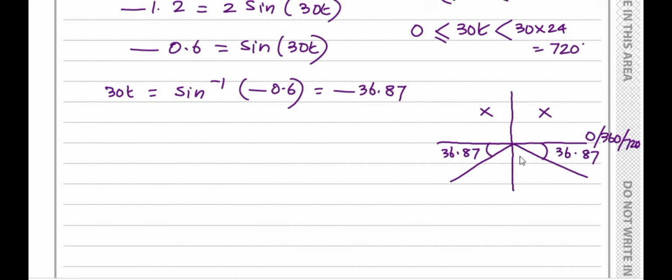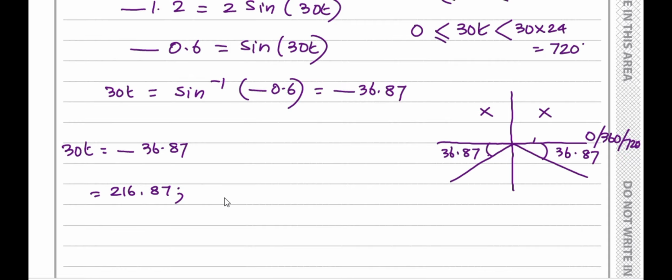So we need to go 2 circles around this point to hunt for all the times that are possible. But the question was saying, what is the earliest time that the boat can leave? So let's look for the earliest time. So what did we say here? 30t is equal to minus 36.87. All right. Okay. So which means if I remove this minus 36.87 from the calculation here, starting from 0, 180 plus 36.87 is equal to 216.87. 216.87 is the first one.